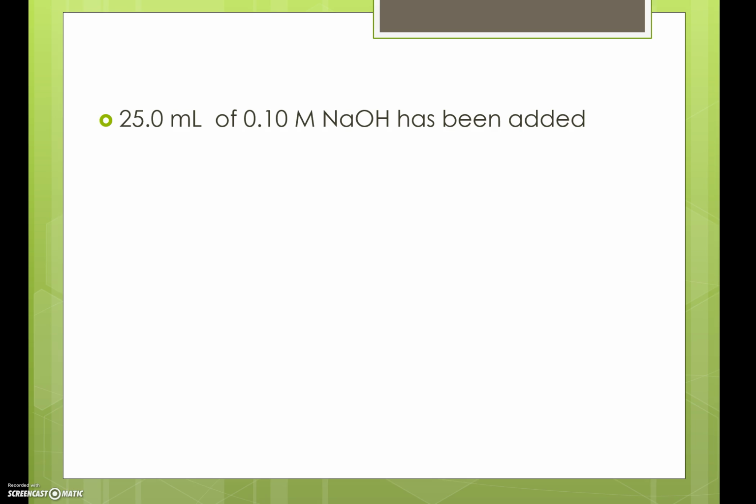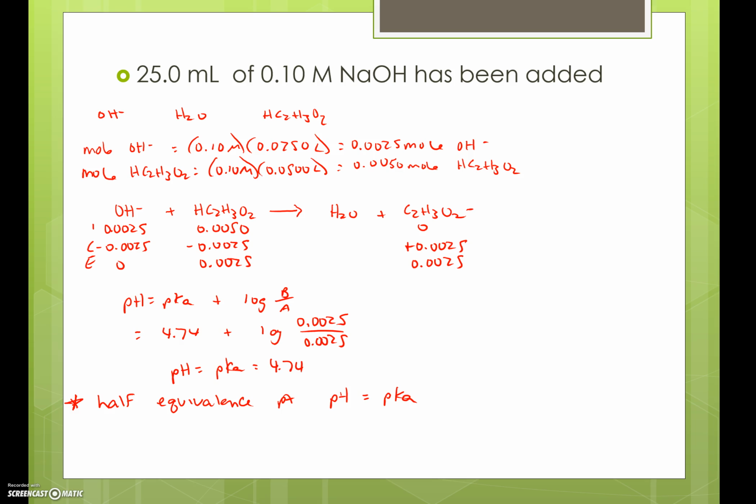We move along in our titration, and now we want to see what the pH is after a total of 25 milliliters of 0.100 molar sodium hydroxide is added. So again, we've got hydroxide ions, water, and acetic acid in the solution. We're mixing two solutions together, so we want the moles of hydroxide and the moles of acetic acid. We'll make our ice chart, and we'll see again that our hydroxide is going to react to completion.